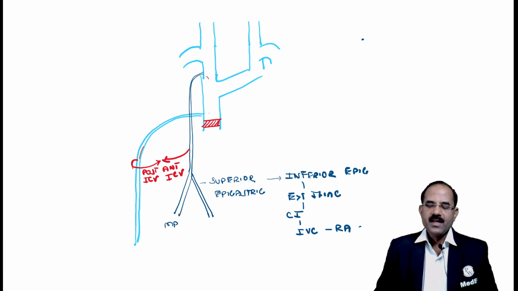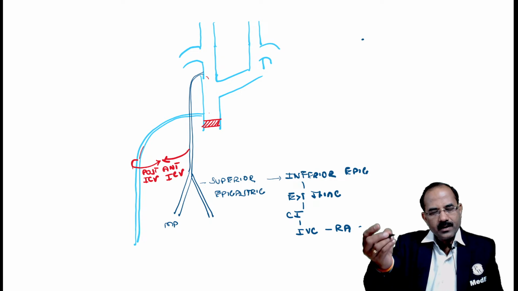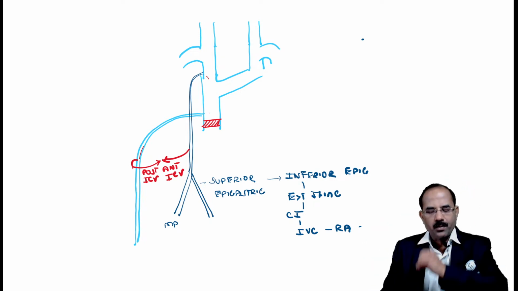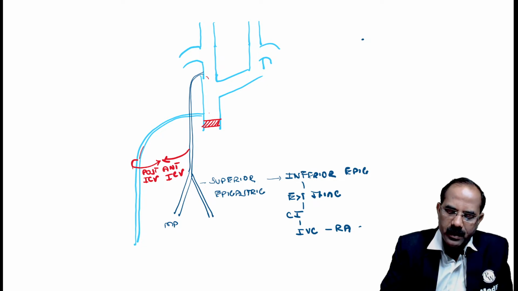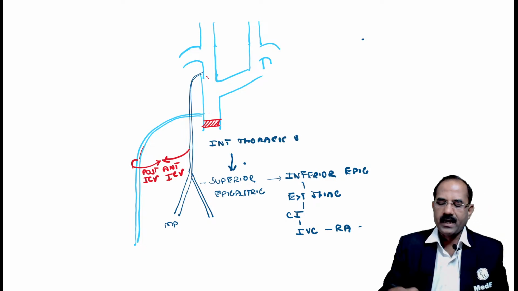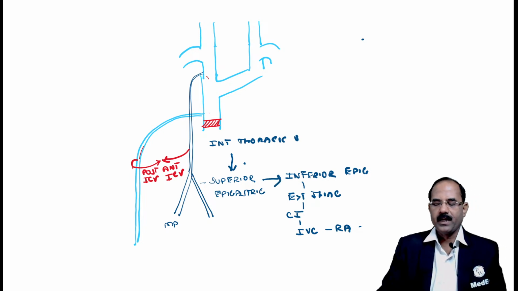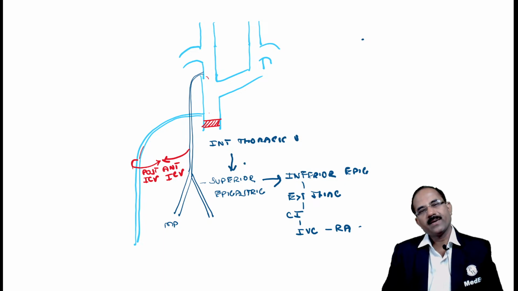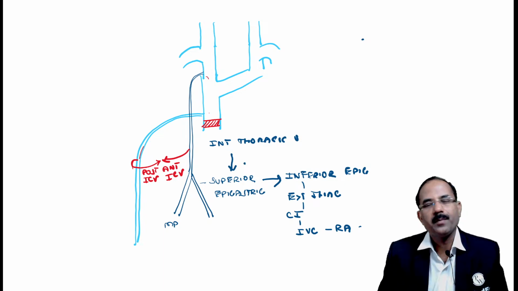Students, clear? Suppose there's an obstruction to the SVC below the opening of azygous vein. If there's a thrombosis here, how does the blood go? The blood goes from internal thoracic vein, then superior epigastric, inferior epigastric, external iliac, common iliacs, IVC, right atrium. That's one way of blood flow.